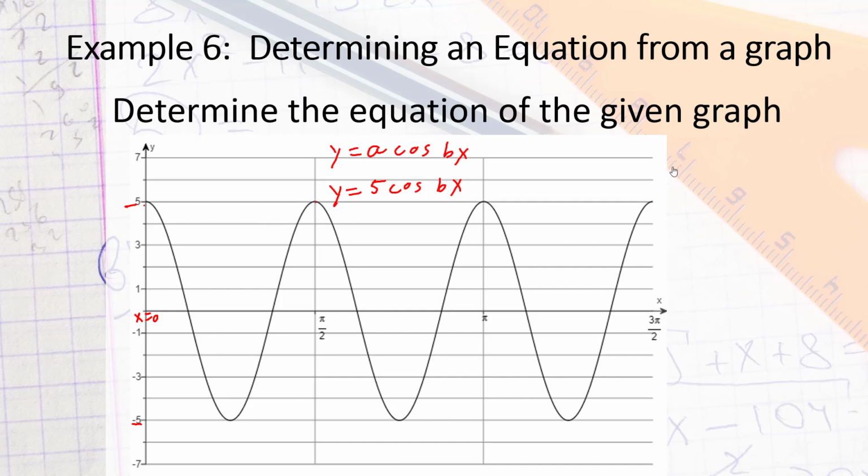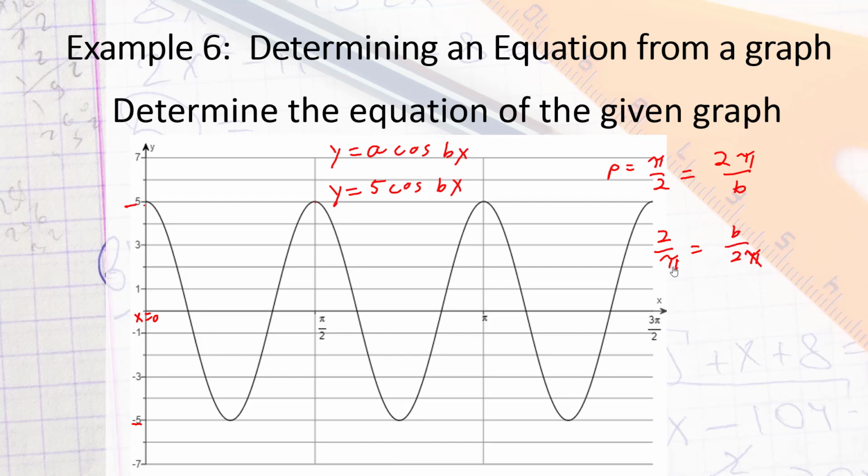So the period is equal to pi over 2. Based upon the definition of the period, this has to be equal to 2 pi over b. Well, if that's the case, then pi over 2 equals 2 pi over b.